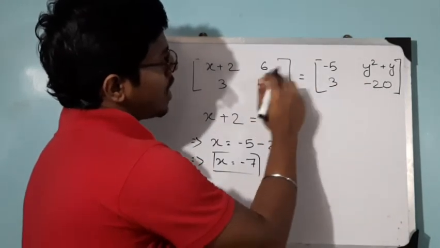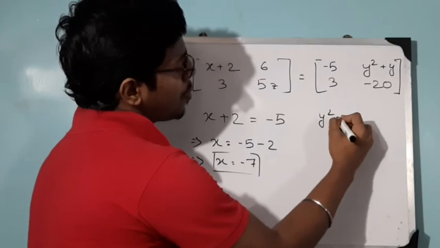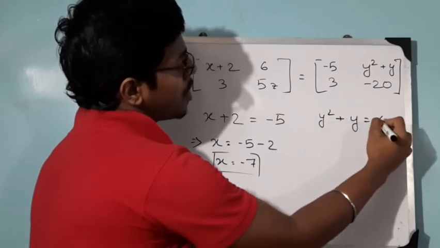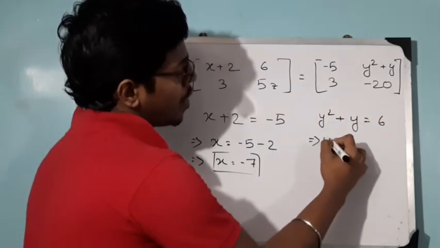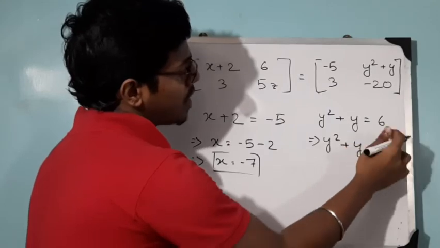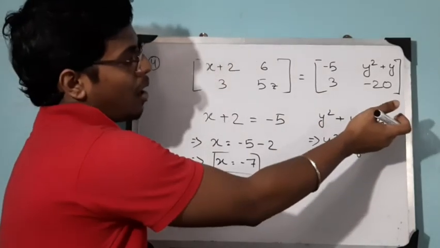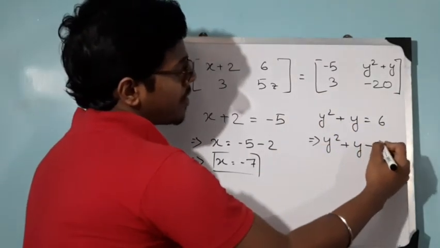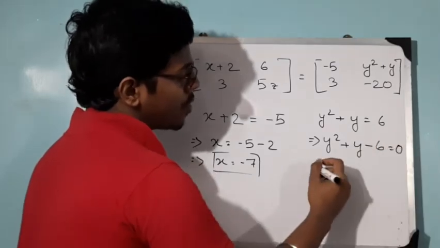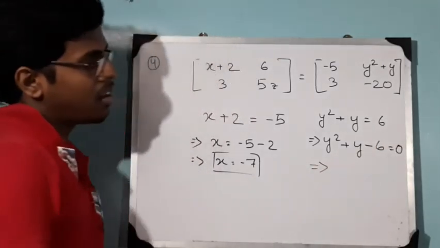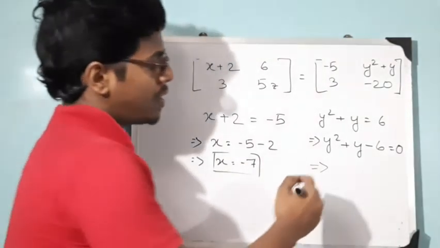Now let's take y square plus y equal to 6. This is somewhat tricky. Y square plus y, then we have to take the minus 6 to the left hand side. Minus 6 equal to 0. Now this is a quadratic equation.